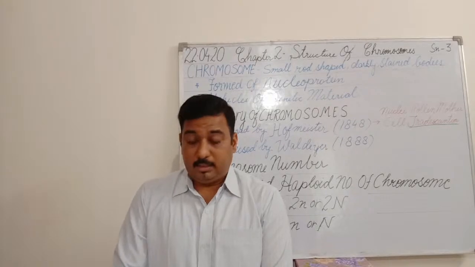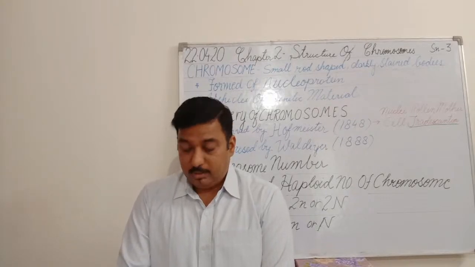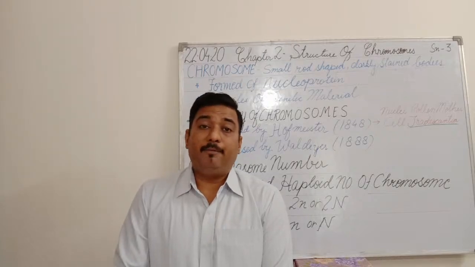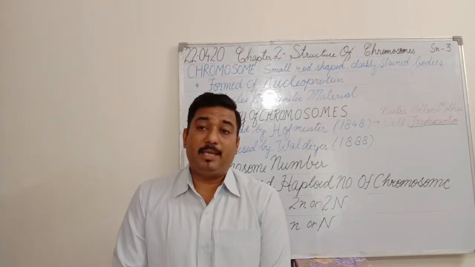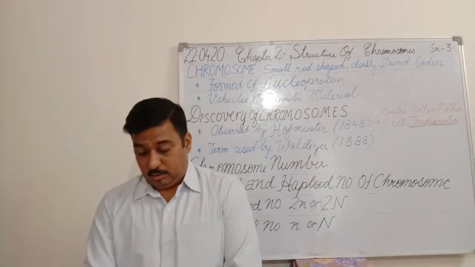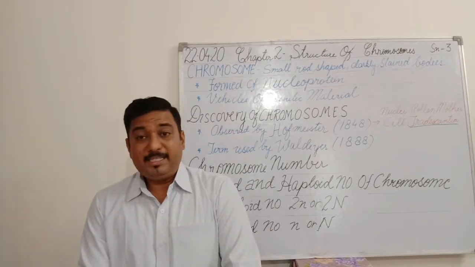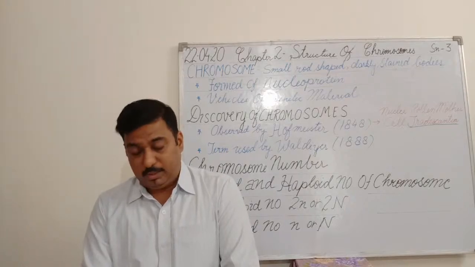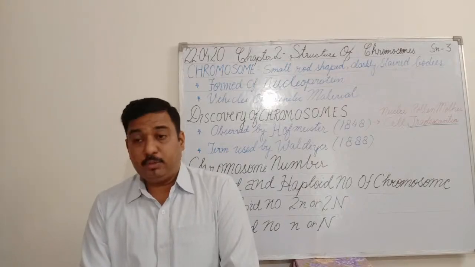Now let us move on to the next topic, that is chromosome number. Every organism, every species has a particular chromosome number. This number is constant in all the cells of an individual and individuals of a particular species.